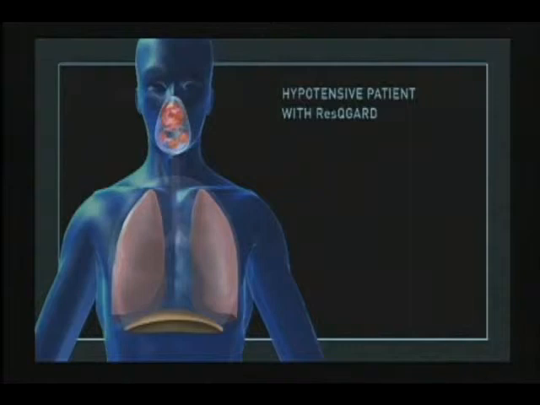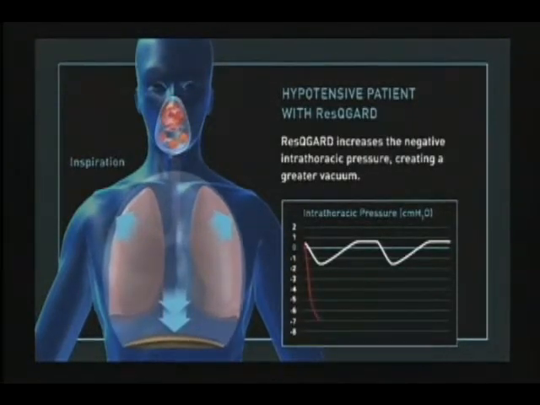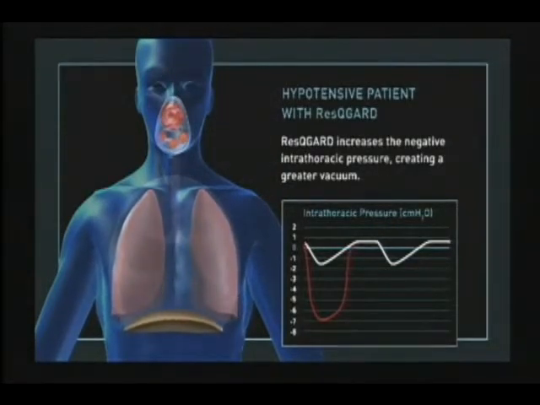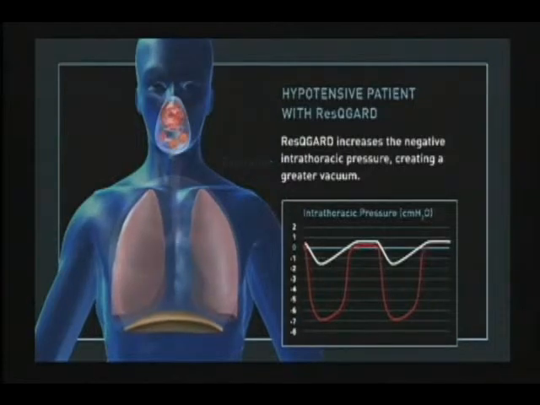During inspiration through the ResQguard, the patient breathes in through a slight amount of therapeutic resistance that decreases the intrathoracic pressure, enhancing the vacuum from negative 1.5 to approximately negative 7 centimeters of water.